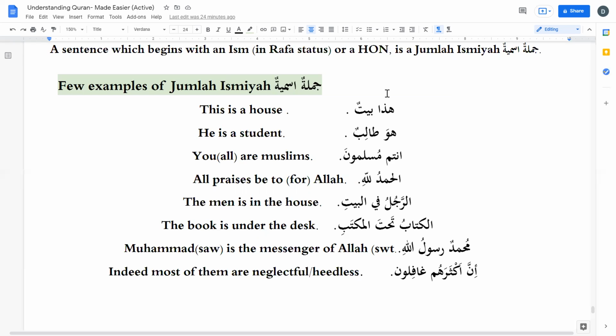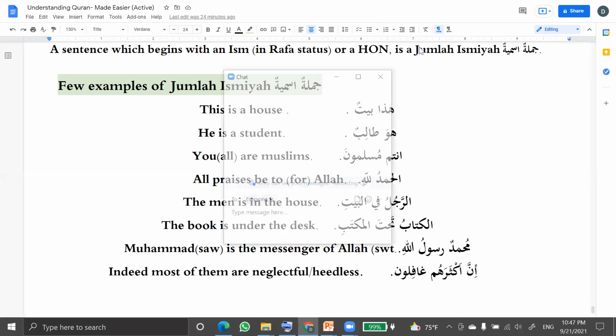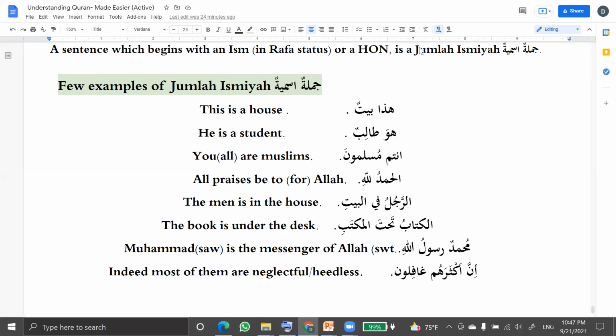And now you can write your answers in the chat window. Let me open the chat window, just to make this interactive. Yes, look at these sentences and see how they are formed. Like hadha, you know hadha is what?